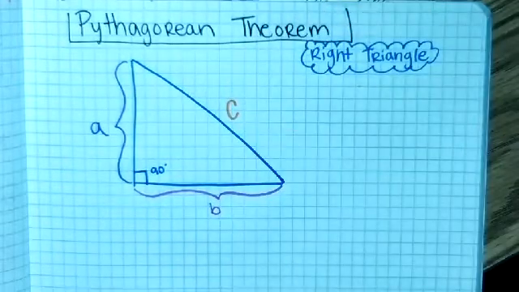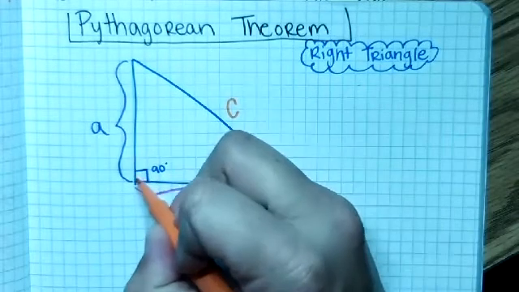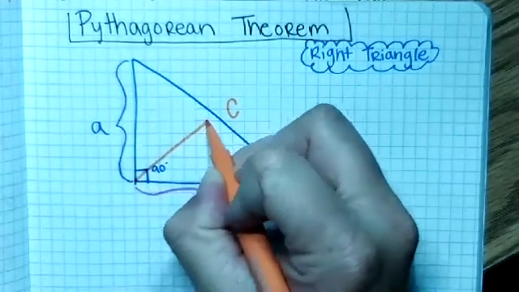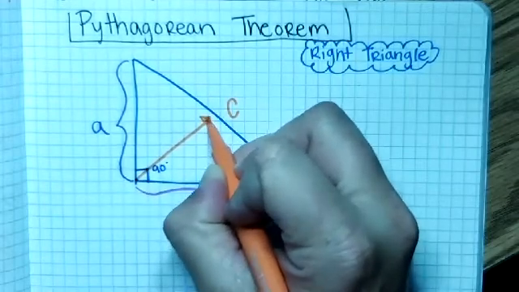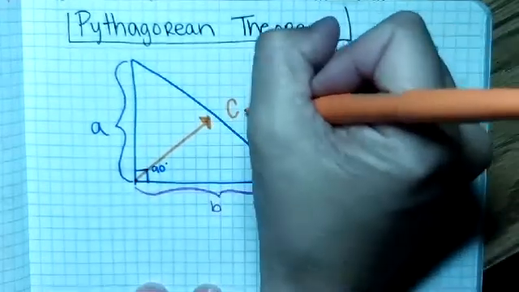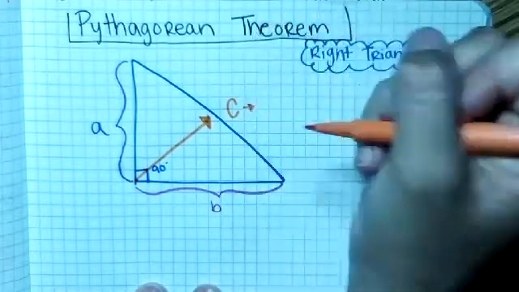The way that you can tell which one is labeled as C, I like to draw an arrow from that right angle. And C is always across from the right angle.